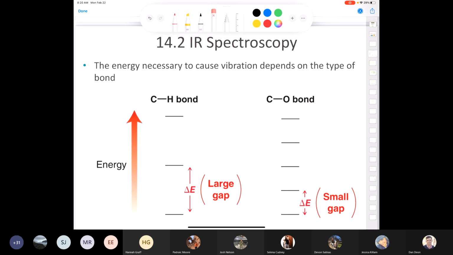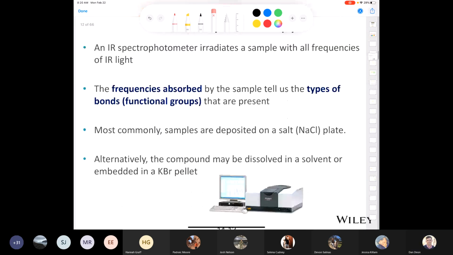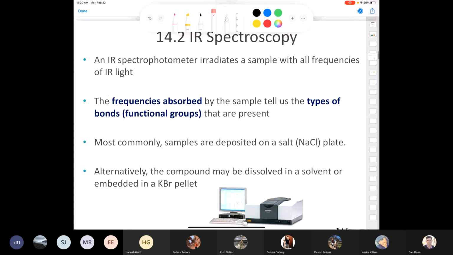So, for example, if you have a compound that contains an oxygen-hydrogen bond, it's going to absorb a frequency of infrared radiation that's characteristic of that oxygen-hydrogen bond. And so that's how we can use infrared spectroscopy to identify the functional groups in a compound.